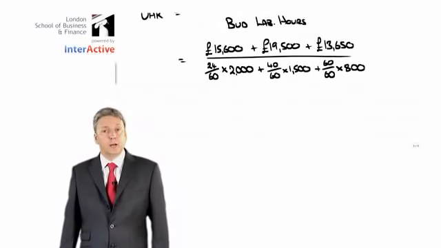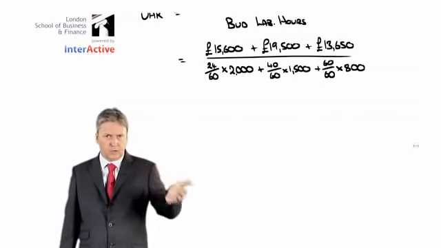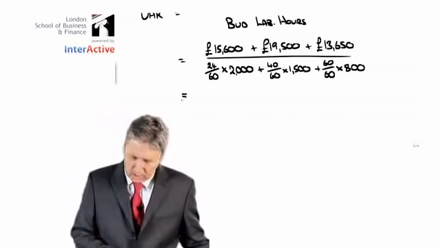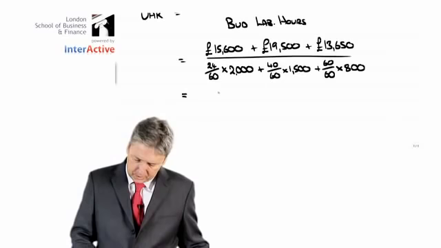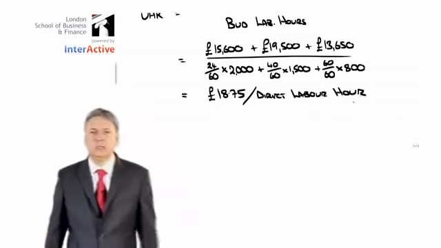So what we end up with here is our total overhead cost divided through by our total labour hours, and from that we can get our overhead absorption rate. The overhead absorption rate being £18.75 per direct labour hour. Okay?